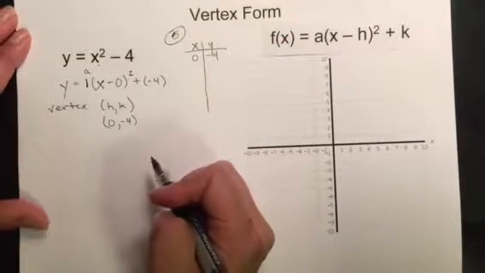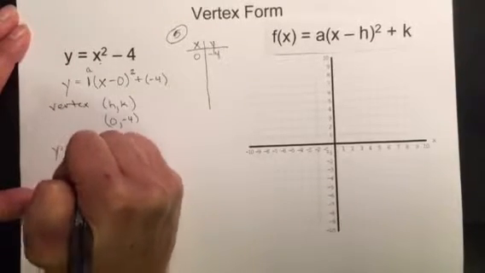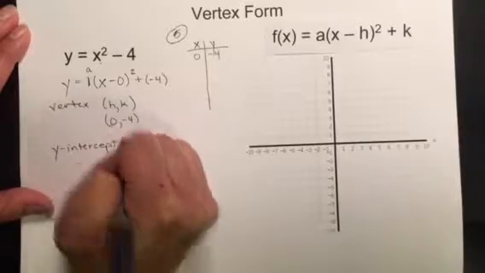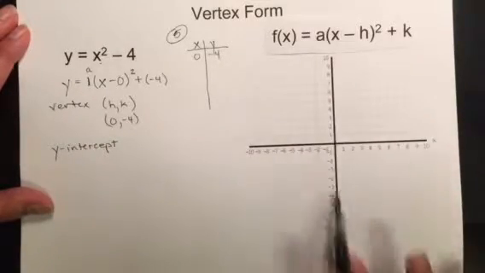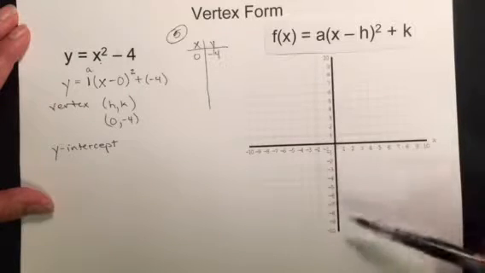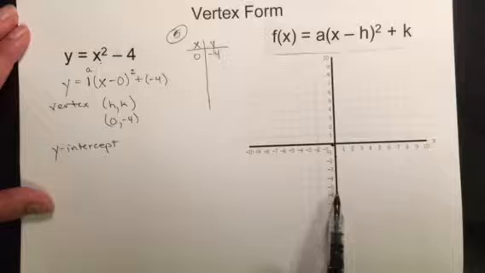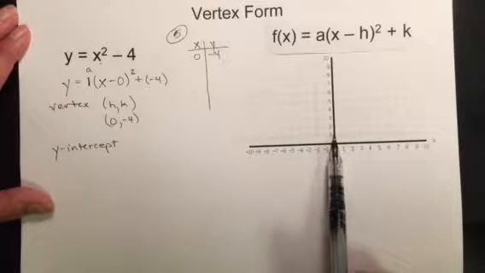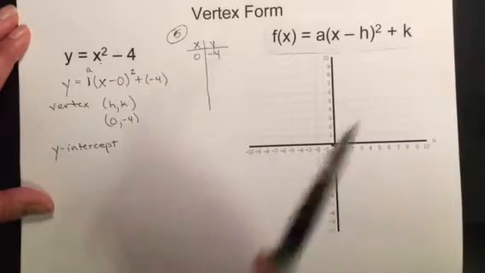The next thing I need to do is find my y-intercept. The y-intercept happens when this function crosses the y-axis. Any place on the y-axis, x is equal to 0. So if I have y equals 1 and I want this point, it's (0, 1), (0, 2), (0, 3), (0, 4), (0, 5).